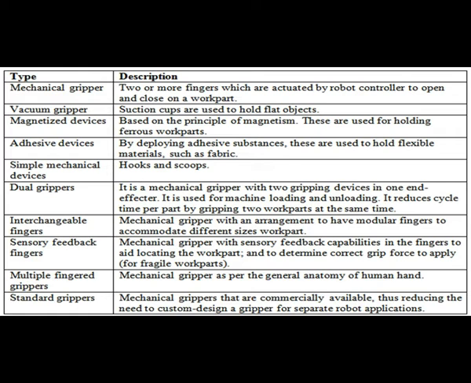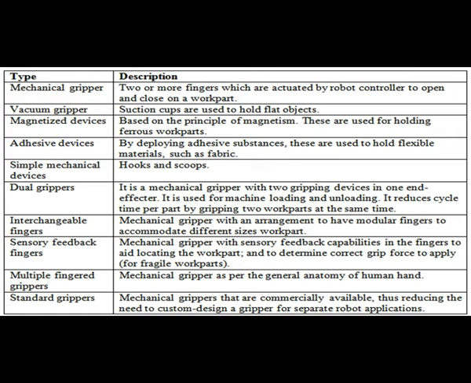Next one, interchangeable fingers. This type of gripper has an arrangement with modular fingers to accommodate different size work parts. Sensory feedback fingers. This type of finger has sensory feedback capabilities to aid in locating the work part and to determine the correct grip force to apply.